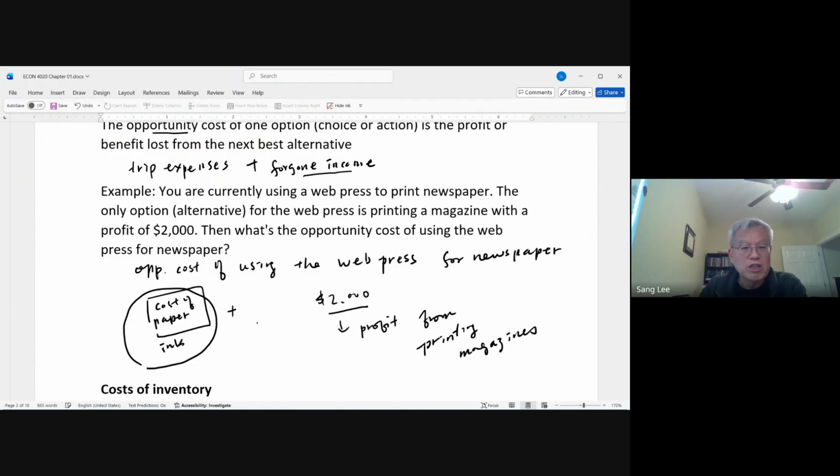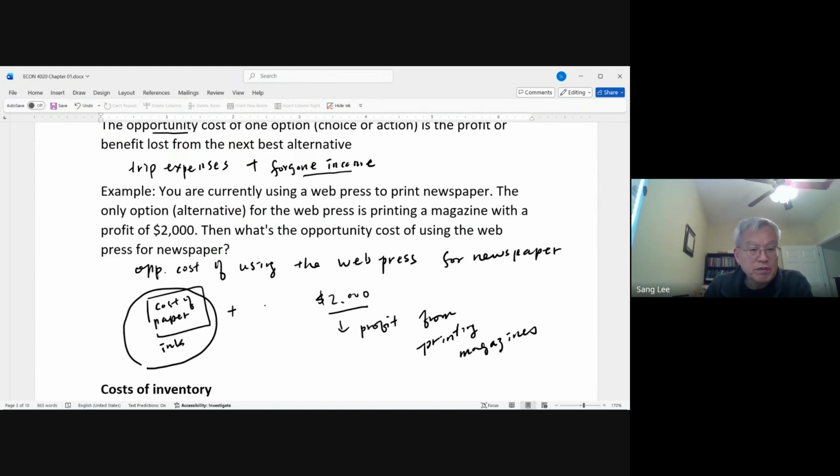So if you decide to continue to use the web press to print newspaper, what income do you give up? You could have made $2,000 by using the web press machine to print the magazine. That's what you give up.